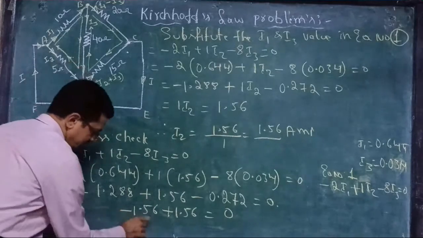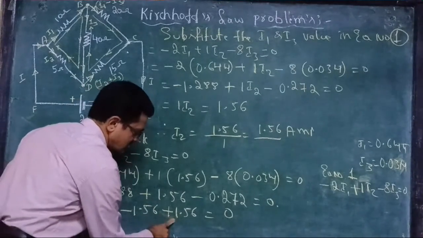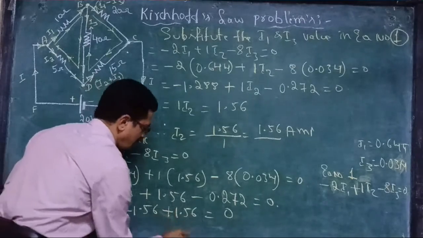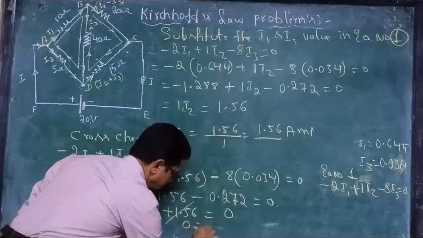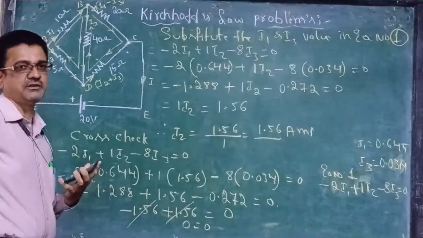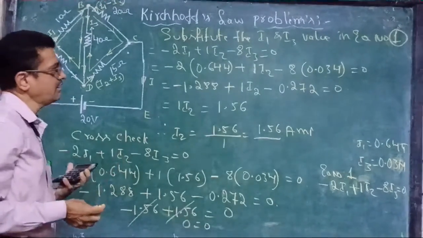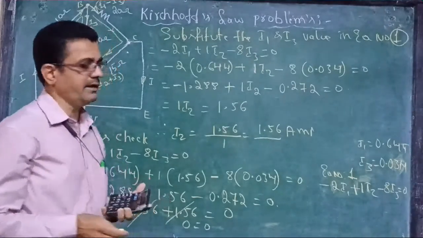Here this value will be minus 1.56, this value will be plus 1.56. That means they cancel, 0 is equal to 0. That means this is correct. Okay, in this way we can solve many problems. Okay, thank you.